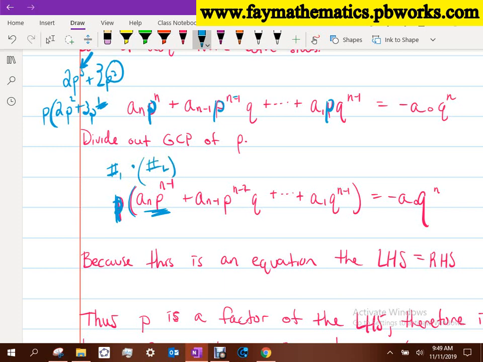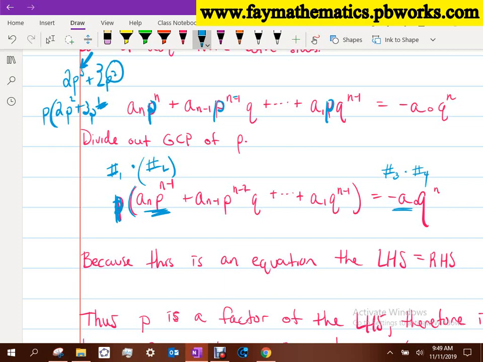Obviously, when I know what these p's and q's and coefficients are. And over here, I've got another number, 3. This a sub 0 is number 3, and that would be number 4, q to the n. So the left-hand side is a product of two things, and the right-hand side is a product of two things. They've got to be the same.